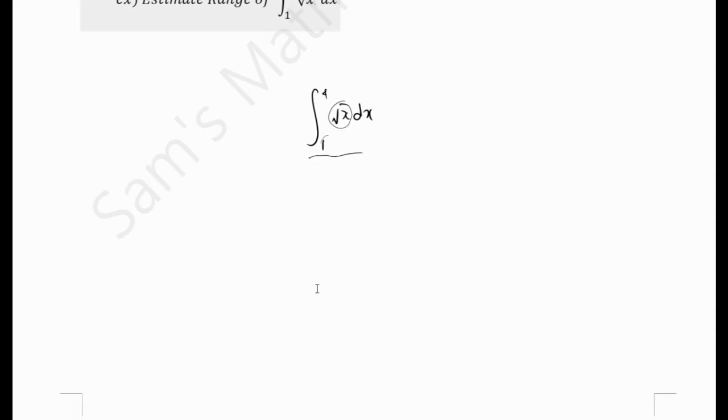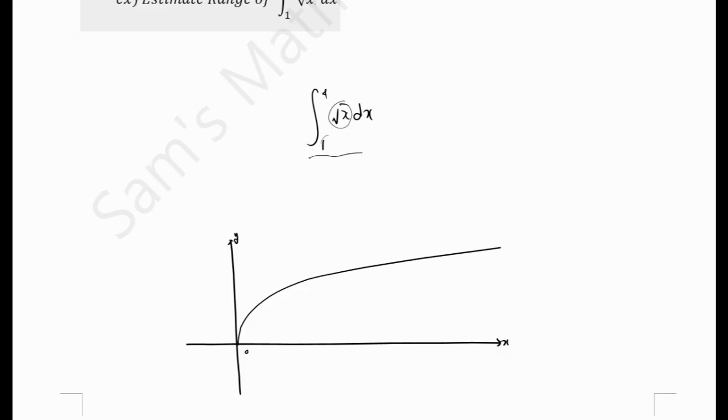We can draw the curve square root x; this is x and this is y. This area is the definite integral, from 1 to 4.